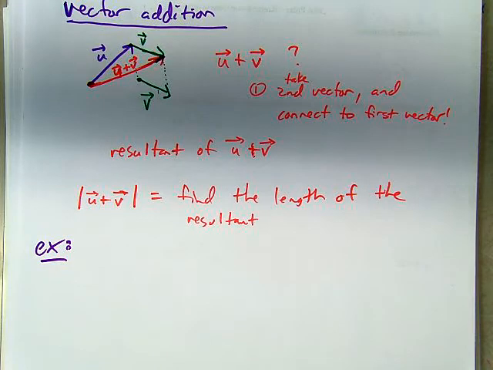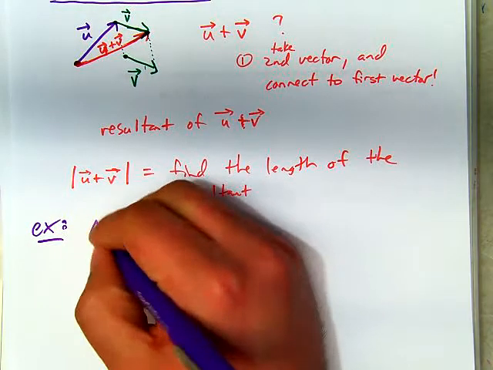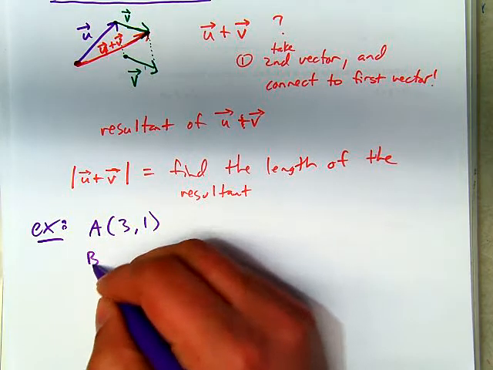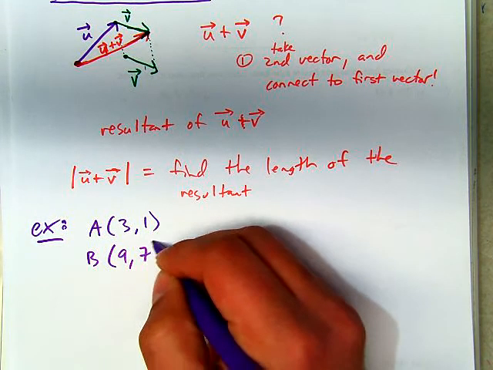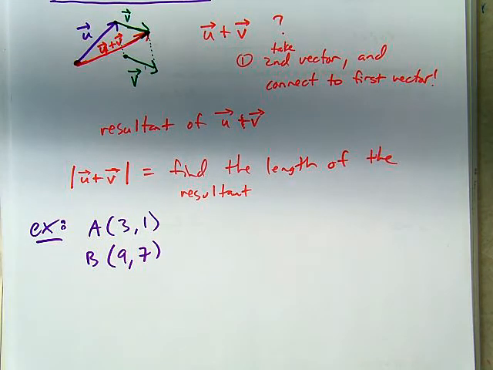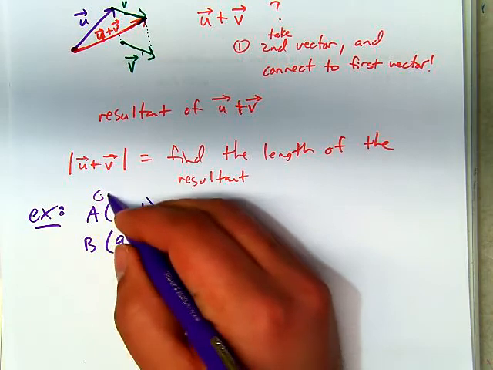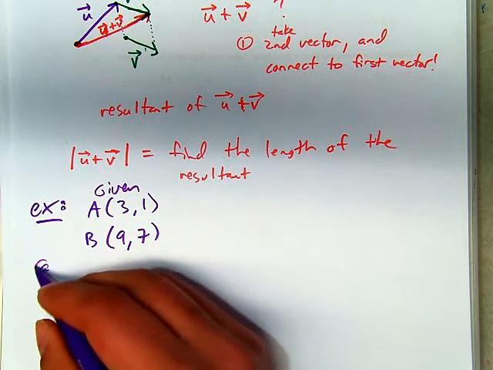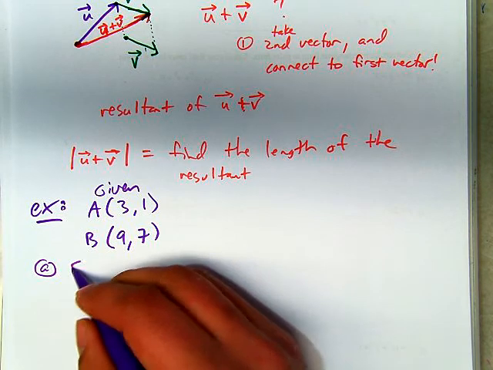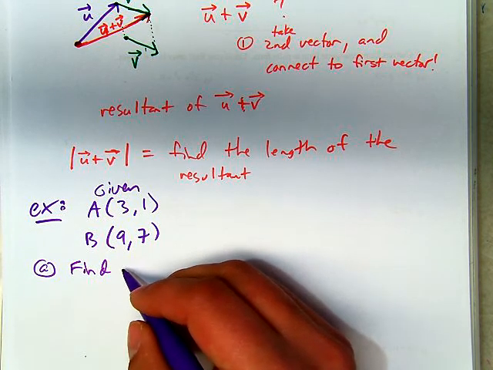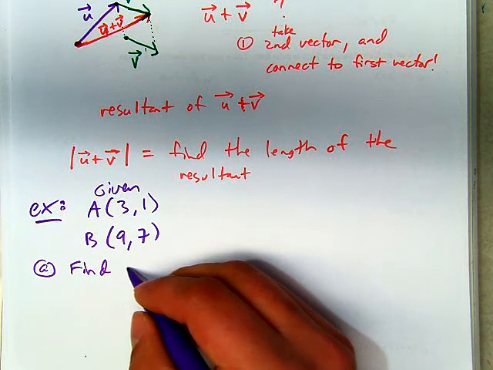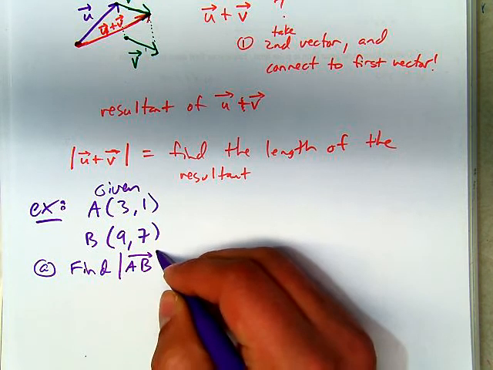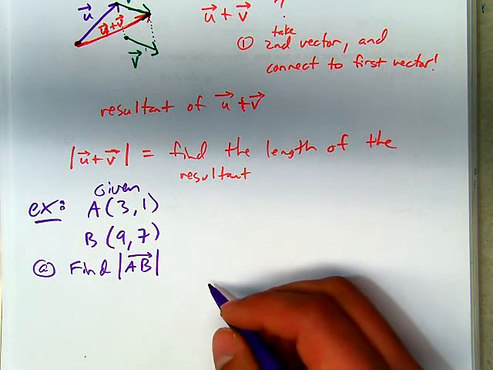Okay? So now here's what this all looks like. Let's say that we have a point A located at (3, 1) and a point B located at (9, 7). So we're given these two points, and we're going to do several things. One, we're going to find the magnitude of AB. That'll be part 1.